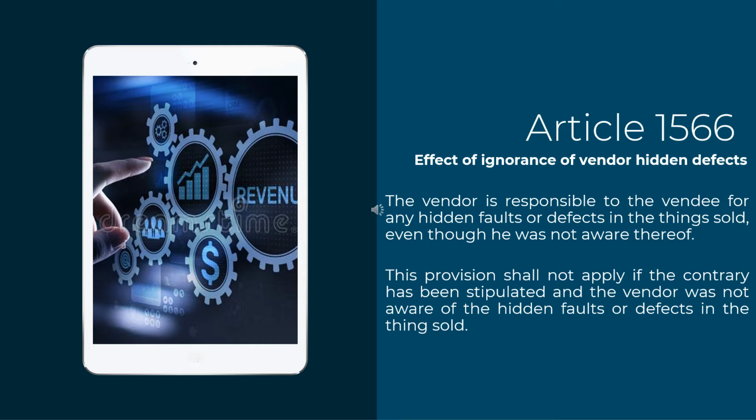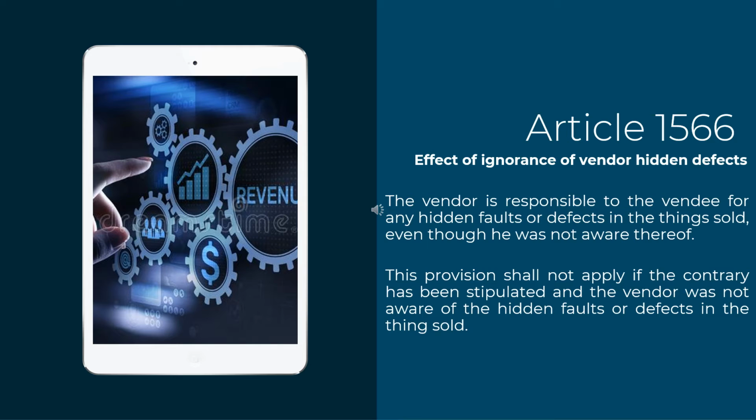So in other words, good faith cannot be availed of as a defense by the vendor. The vendor cannot escape his liability and responsibility to his vendee in the case of having those hidden faults or hidden defects. But the parties may actually provide otherwise in their contract, provided that the vendor acted in good faith, that is, he was unaware of the existence of the hidden fault or defect.